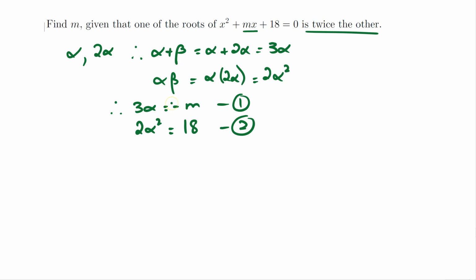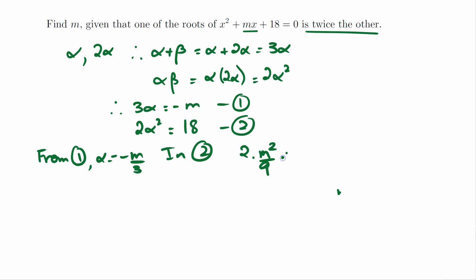So when we're solving these equations, just a little bit of cleverness or laziness, whichever way you look at it, the variable I'm going to eliminate is alpha. So from one of these equations, and it's probably easiest from equation 1, if I get an expression for alpha, that's minus m on 3, and I put that into equation 2, I'll have 2 times alpha squared, so that's 2 times minus m on 3 squared, which will become m squared on 9, the negatives have gone, that equals 18.